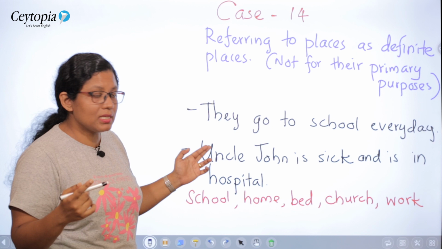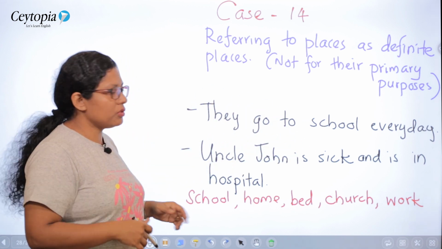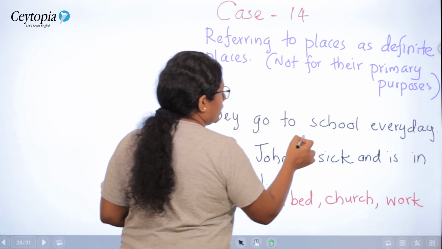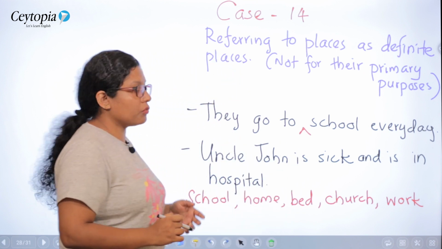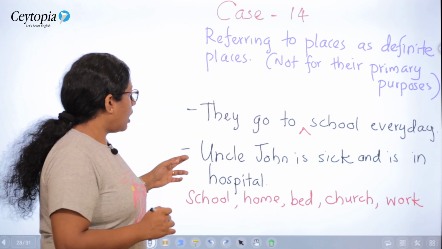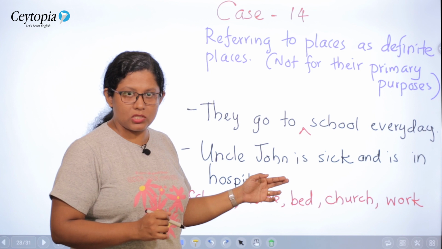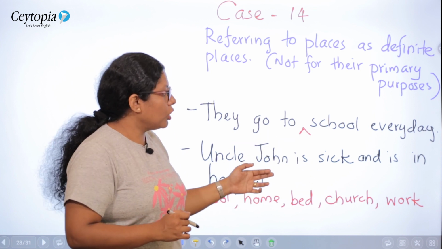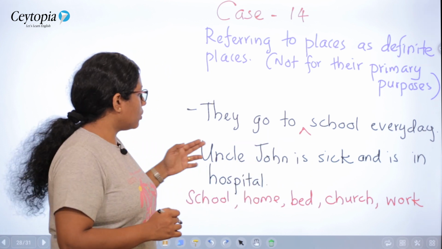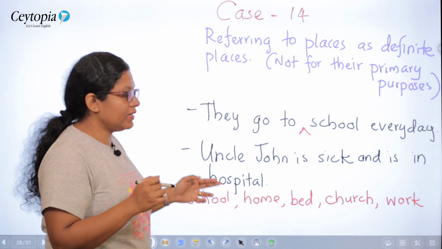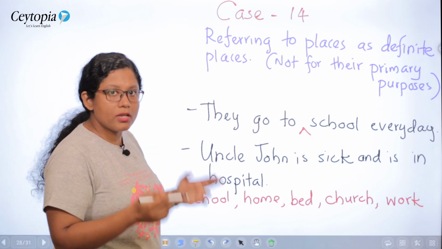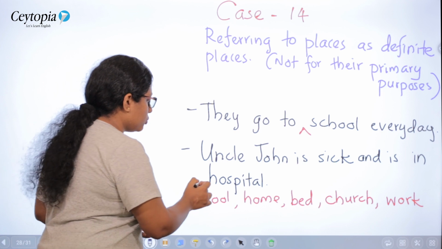Therefore, we do not say the school. We go to school every day. So you don't have the definite article here. So we omit the here. Uncle John is sick. So that is the usual reason you go to a hospital. So for the general purpose of it, he is now in the hospital. So therefore you do not use the here.